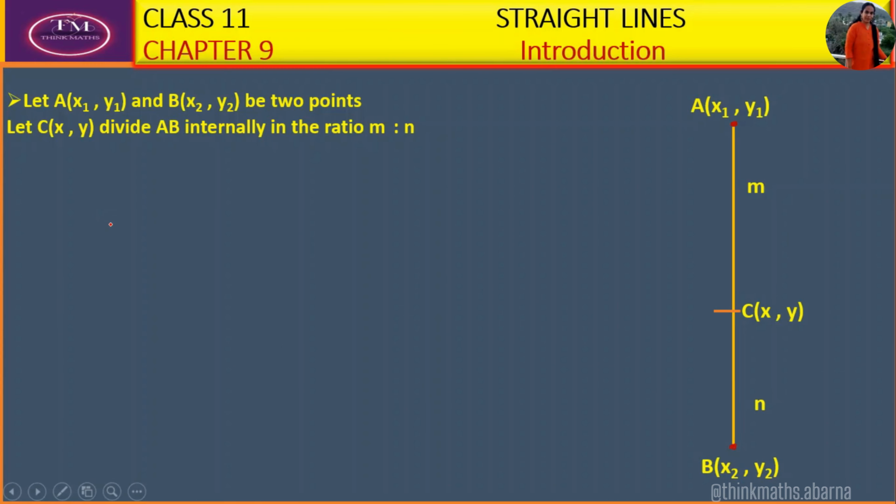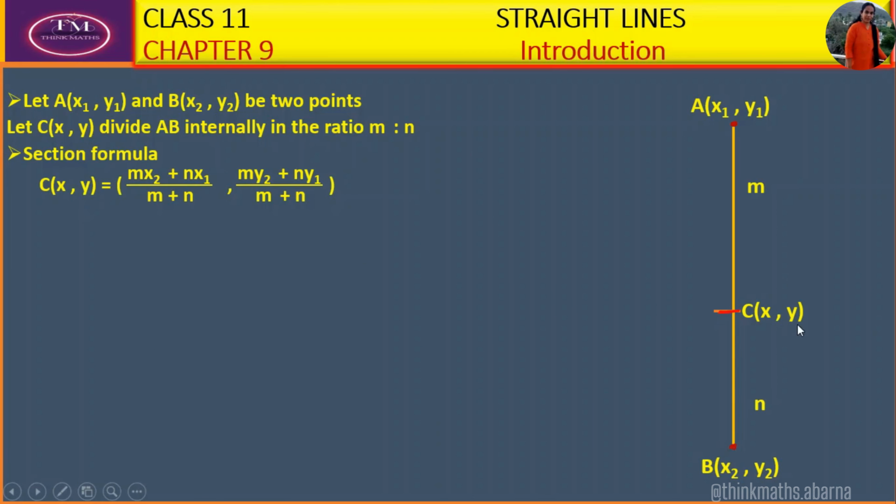Yes. So the next one is, there are 2 points A and B. This segment is divided by another point C in the ratio m is to n. If it is so, we have learnt a section formula. What is that?